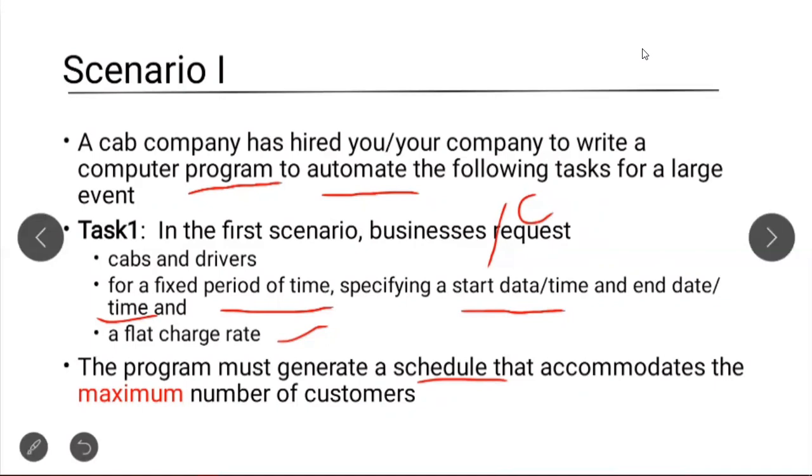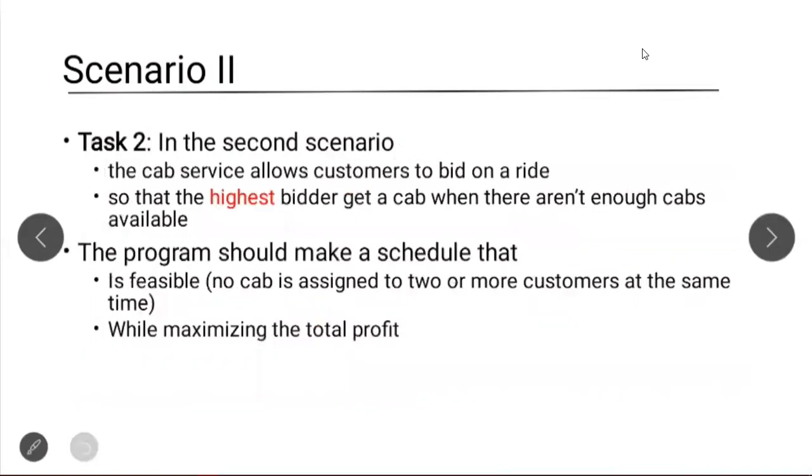Now, apart from that, any company does not just want the maximum number of customers. It also wants profit. For that, let's see task 2. In the second scenario, the cab service is allowing the customers to auction or give a bid.